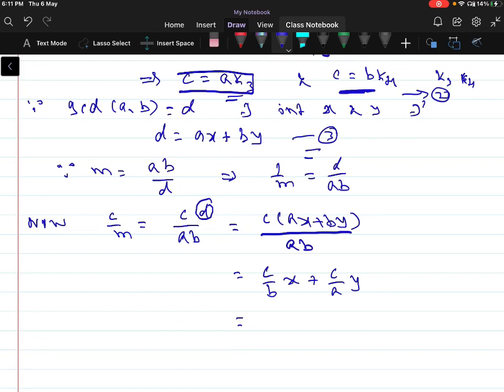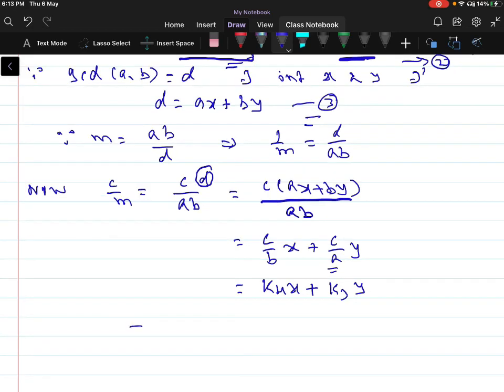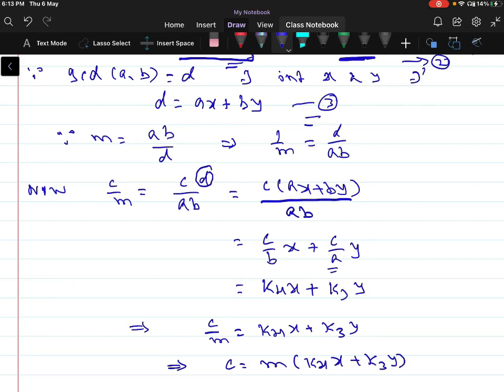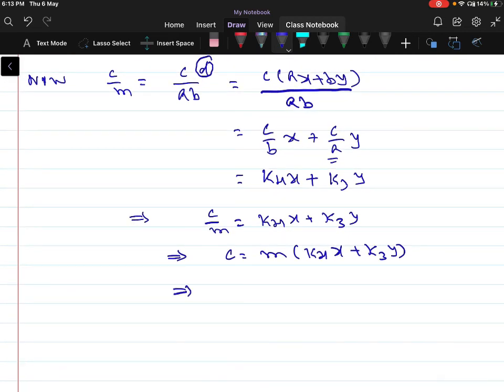So C by B is K4 into X plus C by A is K3 into Y. This implies C by M is equal to K4 into X plus K3 into Y. So C is equal to M times K, where K is equal to K4 into X plus K3 into Y. Here K4, K3, X and Y are integers, therefore K is also an integer.